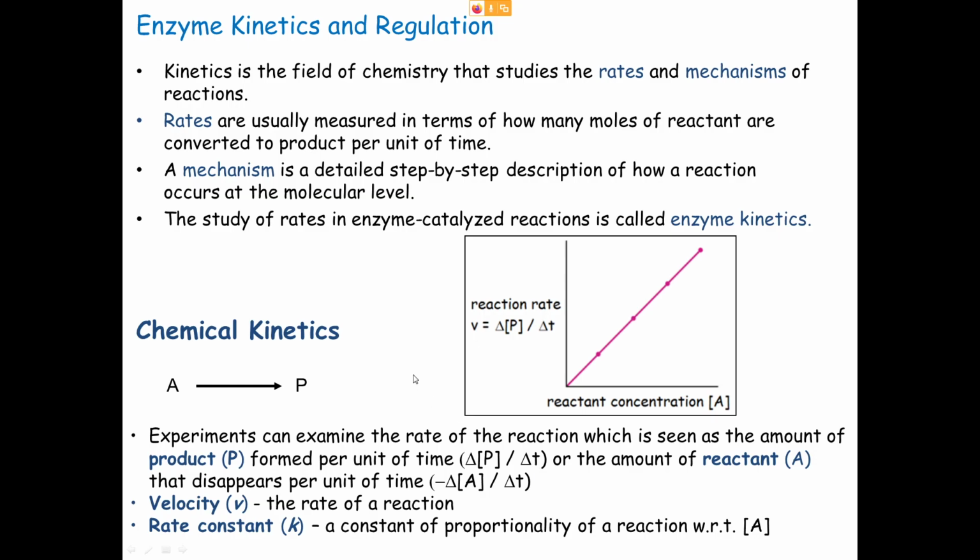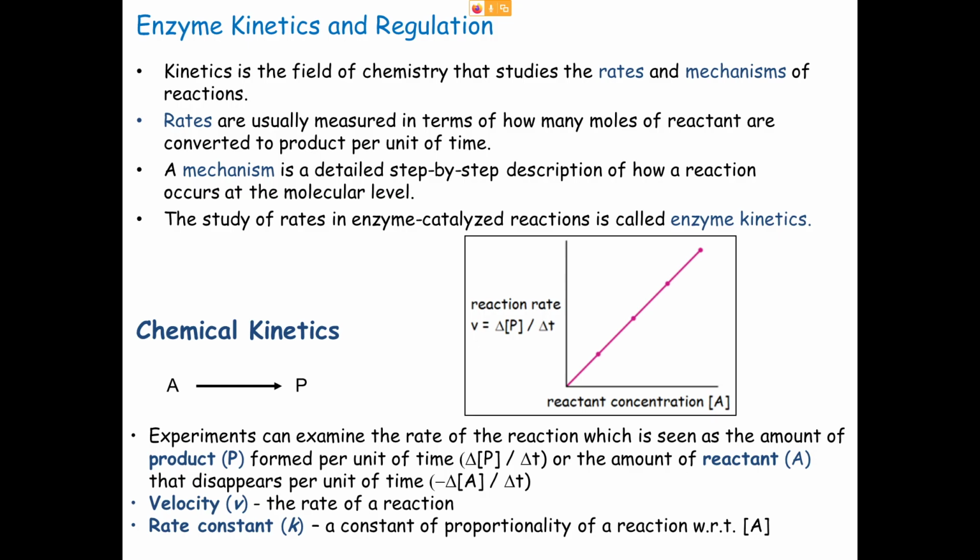But equally valid would be the measurement of the disappearance of the substrate or the disappearance of the reactant, like gasoline. So I can measure the appearance of the product over time, or the disappearance of the reactant over time, and of course the negative of that would be equivalent to the change in product over time, assuming it's a one-to-one stoichiometry. And so here we'll pretend it's a one-to-one, right?